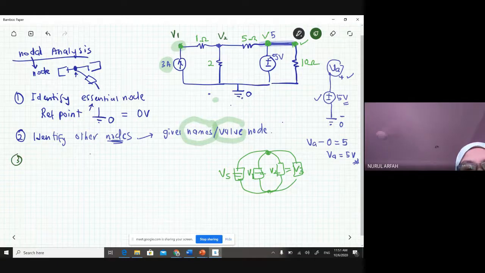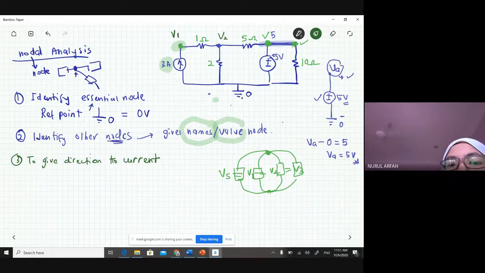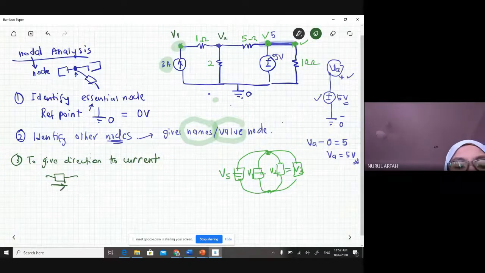Third is to give direction to your current flowing. We have 1 ohm, 2 ohms, 5 ohms, and 10 ohms. In my class, I always said, if I have a horizontal element, I will give current from left to right.